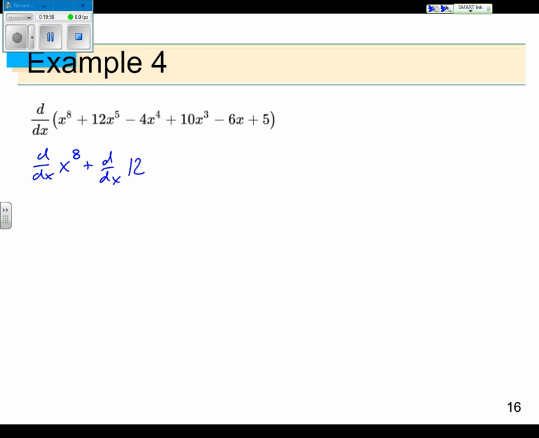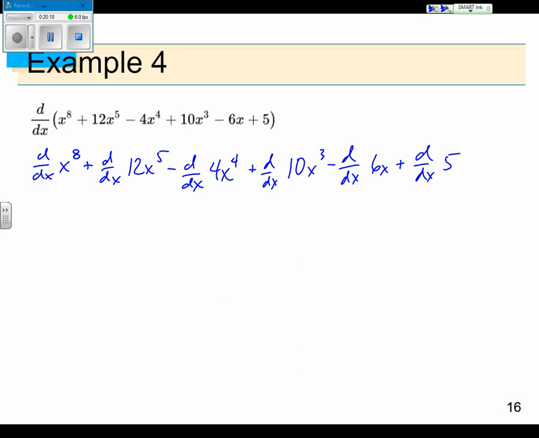So I can take the derivative of each guy here. You know, obviously we're not going to do this every time.